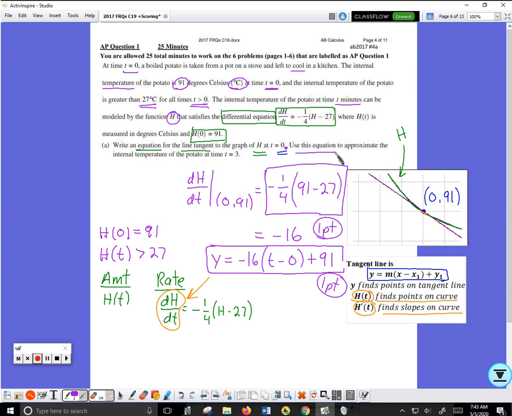Use this equation to approximate the internal temperature of the potato at time equal 3. So that's essentially like saying we come over here where time is equal to 3. Let's write that down.